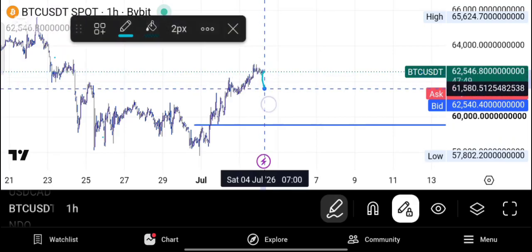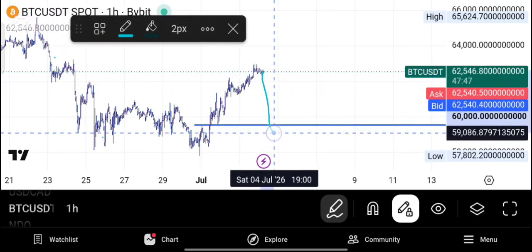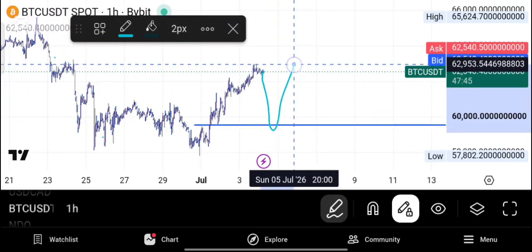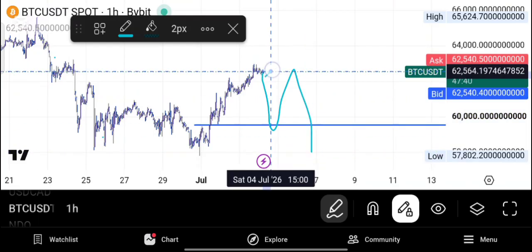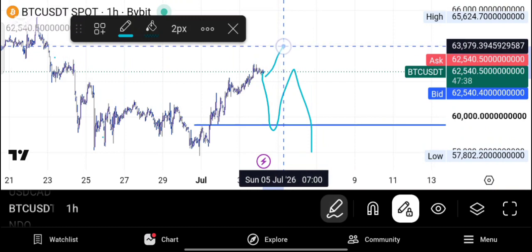When we have a break of structure to the downside here, then we can wait for a pullback, then send it to the nearest low. But failure to do that, price can still continue to go up. I repeat, price can still continue to go up and go higher.